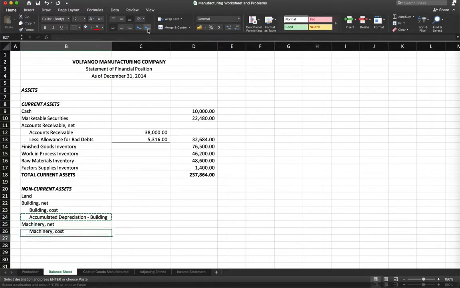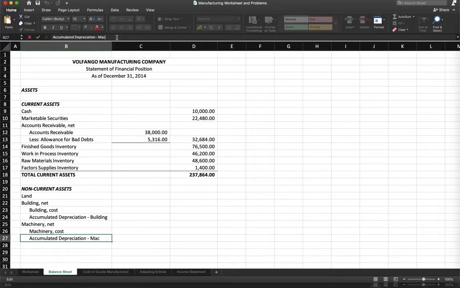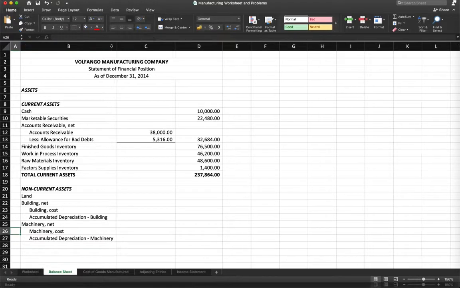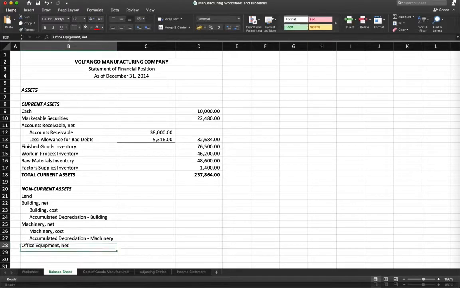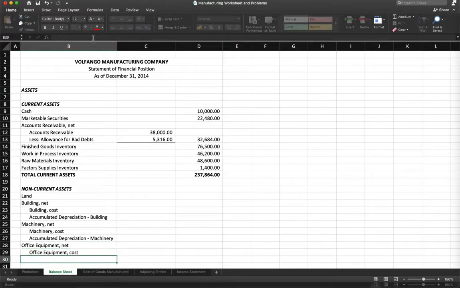Accumulated depreciation. Copy ko to ha. Machinery. And then office equipment net. Cost.